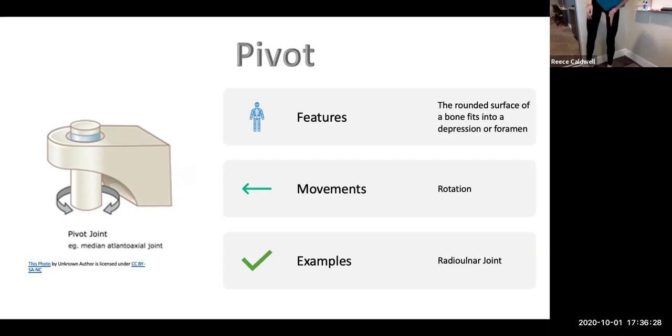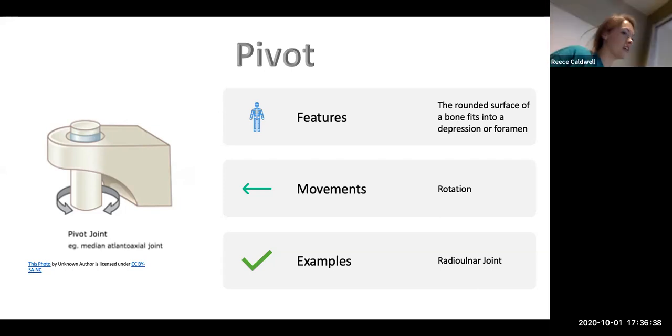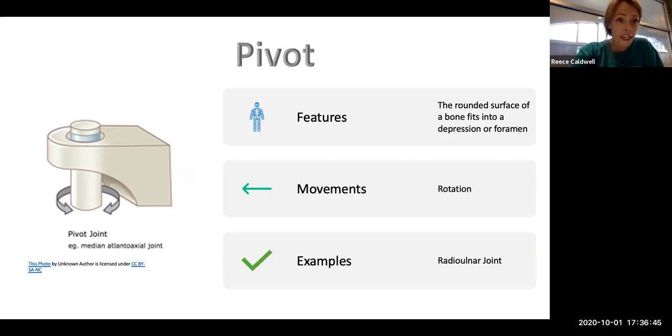So if this was my ulna, my radius would go like that. So a pivot joint is whenever one bone stays still while the other rotates around it. And again, the example we see here is the radio-ulnar joint. You have to know that.